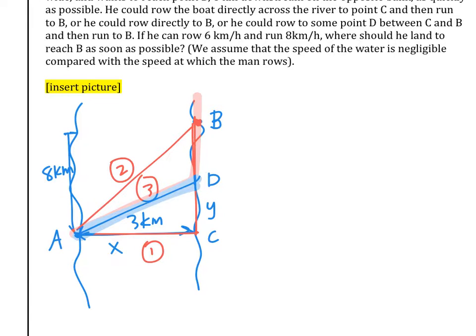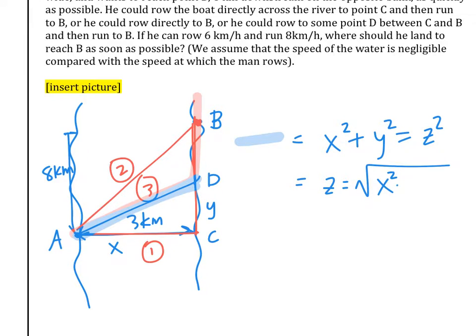Now we just need to apply the actual numbers. How long is x? 3 kilometers. So we're trying to find the blue distance. So that is x squared plus y squared equals z squared, or just z is equal to the square root of x squared plus y squared.